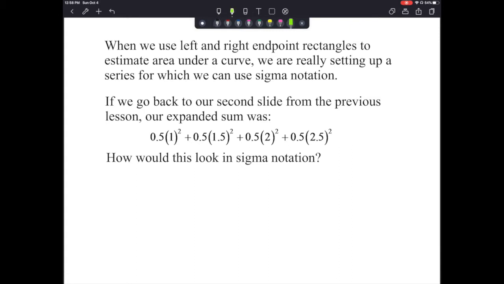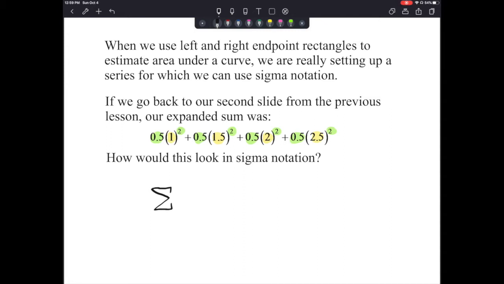Well, notice the things that are similar in all of them. We have 0.5, we have the square on every single one of them. So this part is going to fall in our argument. The part that's changing is like our input value here. If I want to write this in sigma notation, I'm going to draw out my sigma.